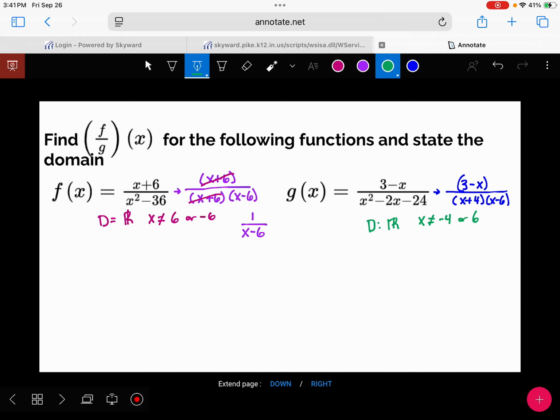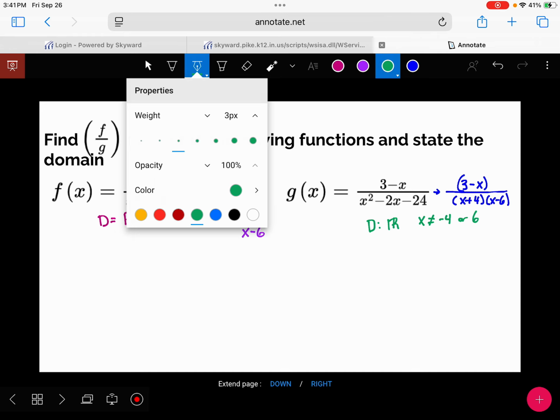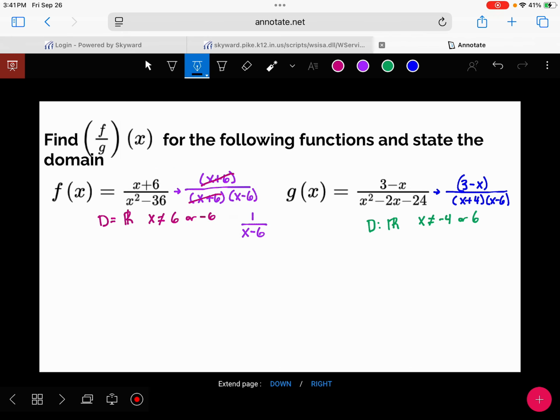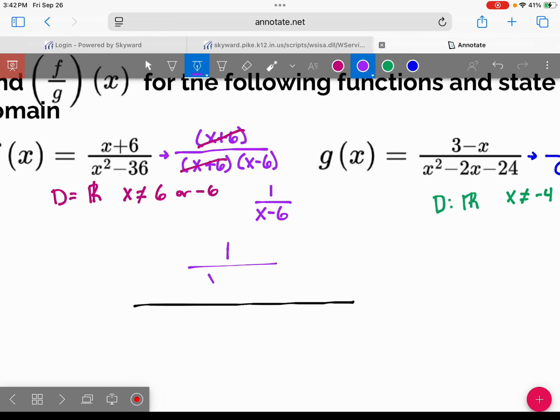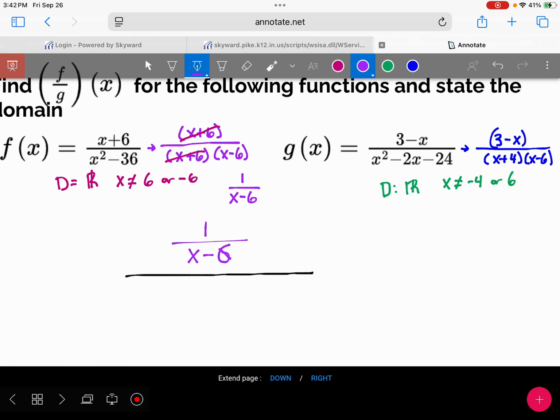So when we're looking to set up this quotient, we're going to set this up, sorry, change the colors, as one big fraction. So we have f of x over g of x. I'm going to put my f of x, 1 over x minus 6, over our blue function, our g of x, 3 minus x over x plus 4, x minus 6.